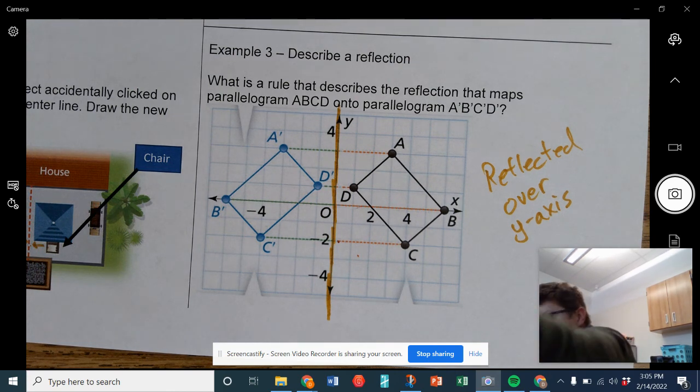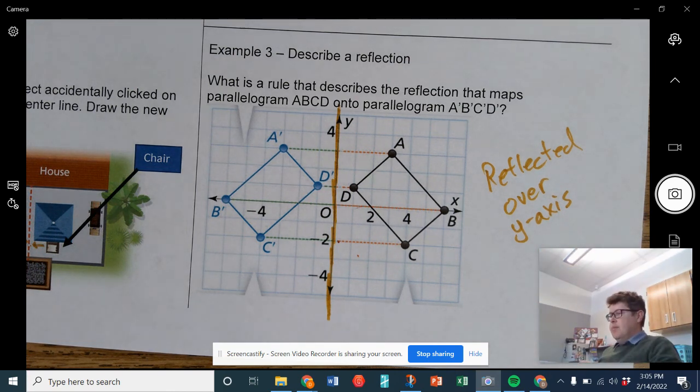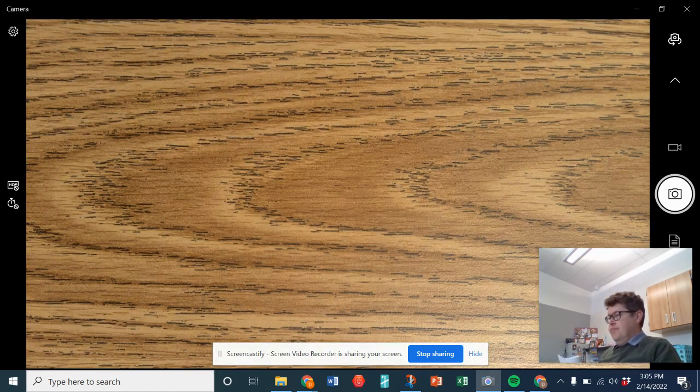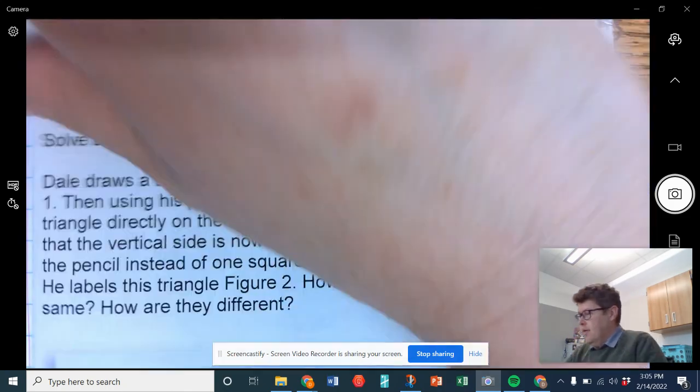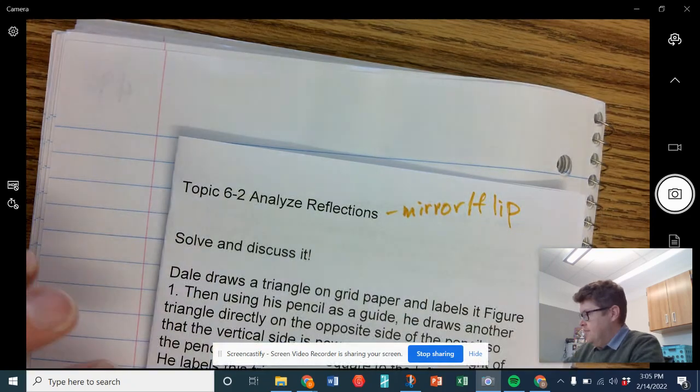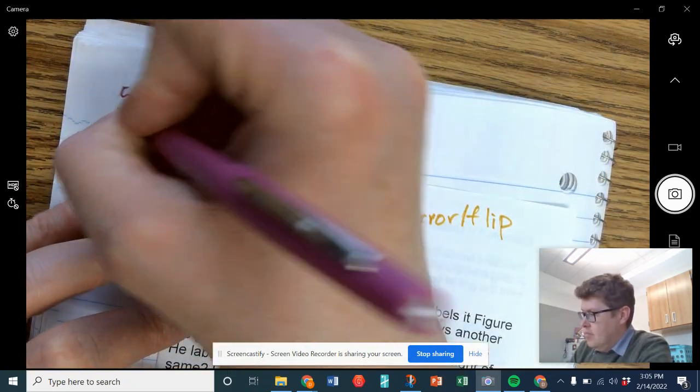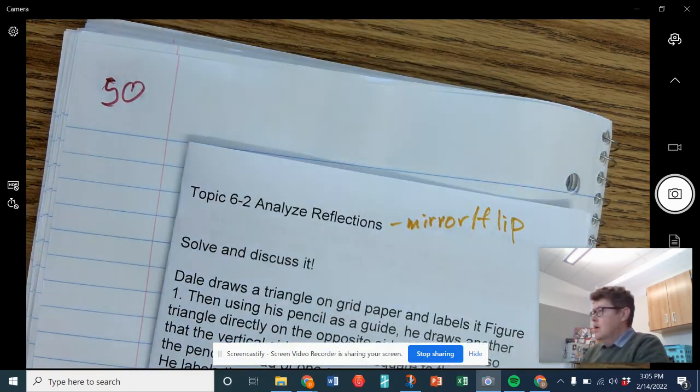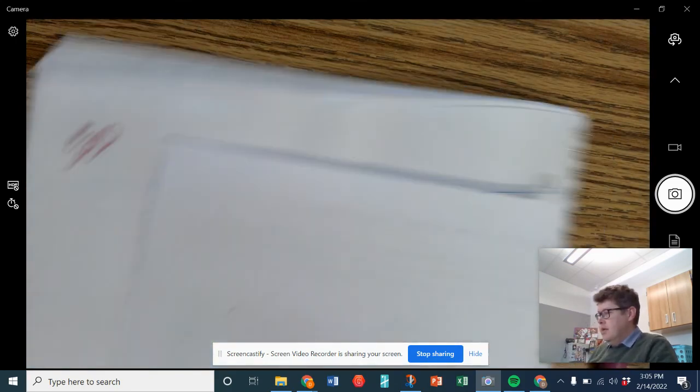That's it for this. I'm going to put it in my notebook here. This is on page 50 for me. So I'm going to take this and fold it in half. I'm going to put this on page 50.